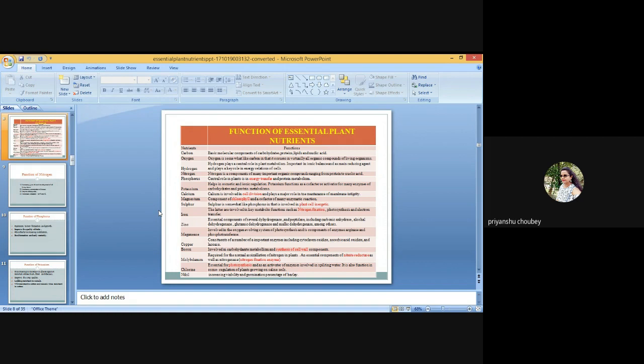Before, we already discussed mass flow. So diffusion is the principal supply mechanism for nutrients like phosphorus, potassium, iron, and zinc that interact strongly with the soil. Diffusion delivers the nutrient to the plant roots rather slowly.